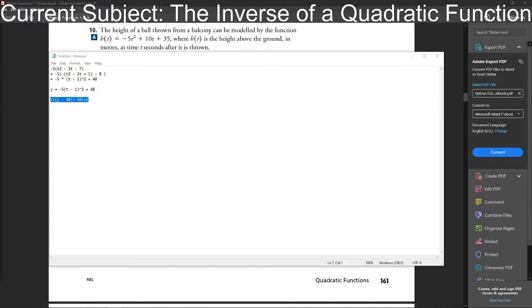So take that guy and boom. And I think this needs to be X for it to work. And that looks right. We're expecting this vertex to be 40 and 1.